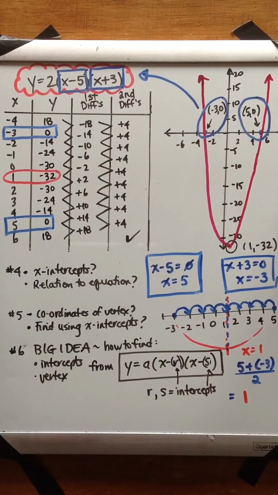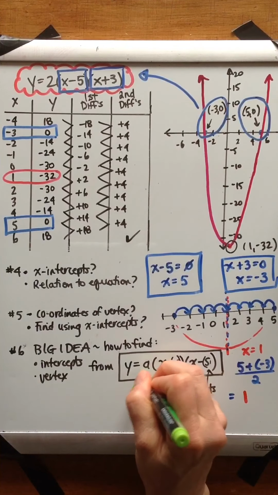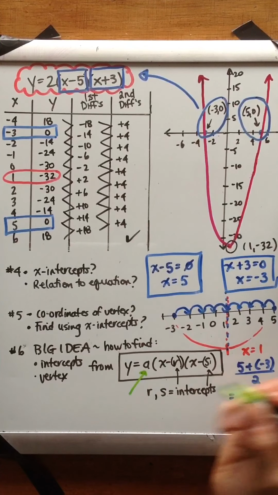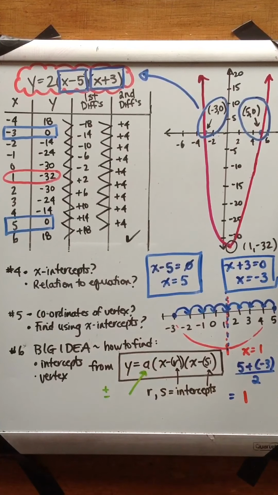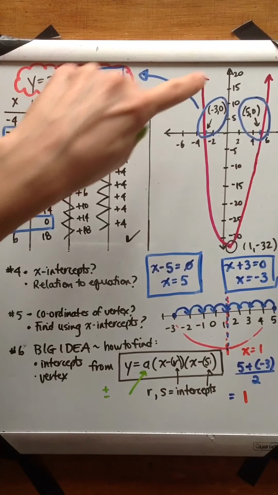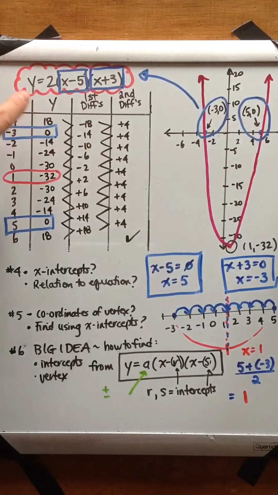This a that's out in front, right here, is the same a that we had for vertex form. This a, if it's positive or negative, tells you if it's upward or downward facing. Notice for ours, it's +2, and we have a happy face or an upward facing parabola.